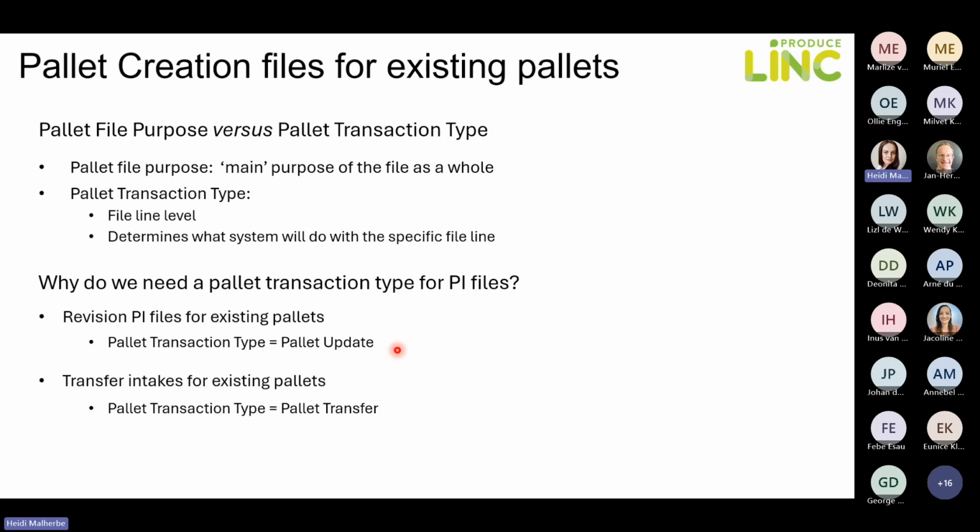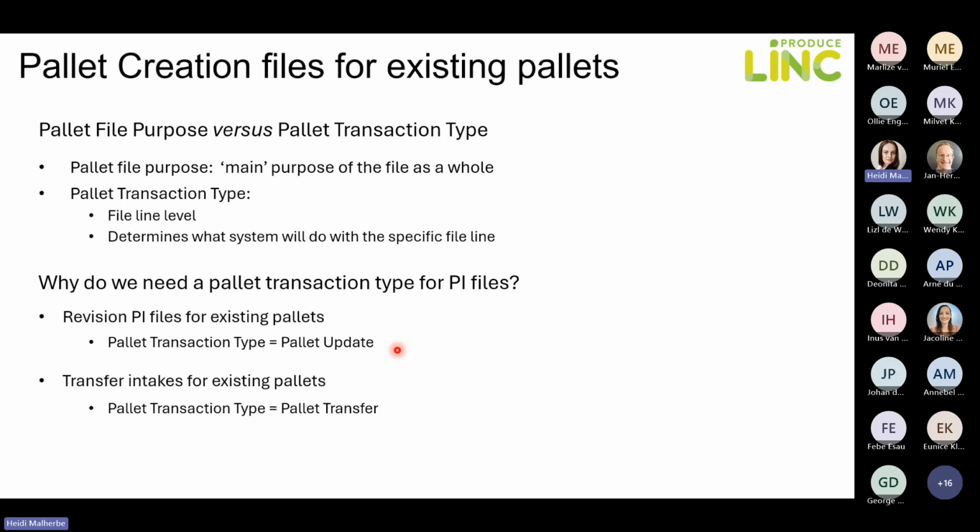But then there's also the question of PI files that you receive from commercial cold stores when they do transfer intakes, especially if you've got pallets standing at a farm pack house. This happens a lot with citrus, and obviously other commodities as well. Trucks deliver the pallets to commercial cold stores closer to the port.